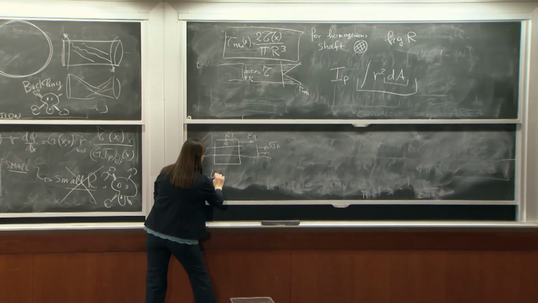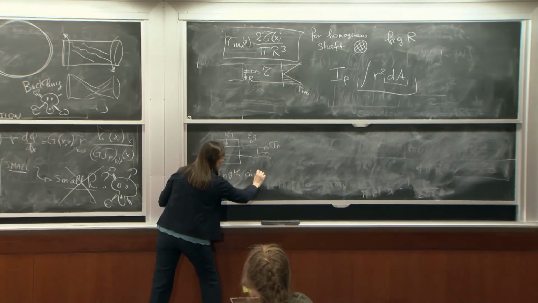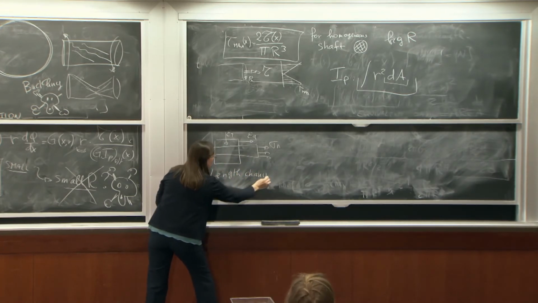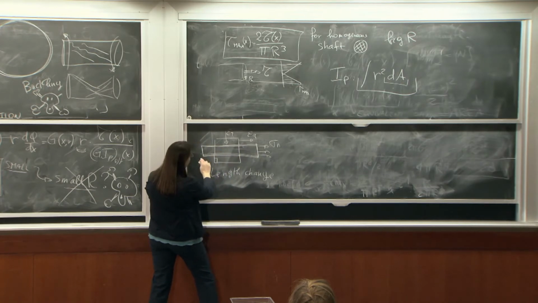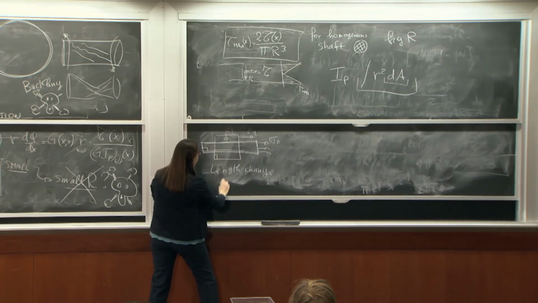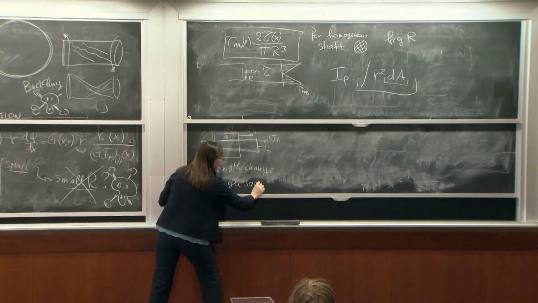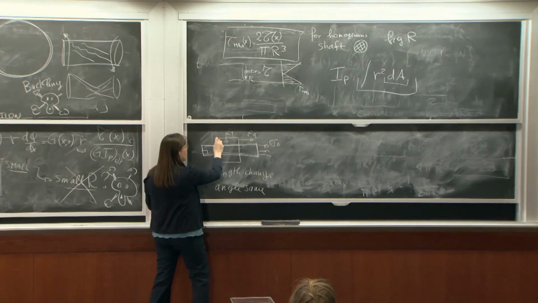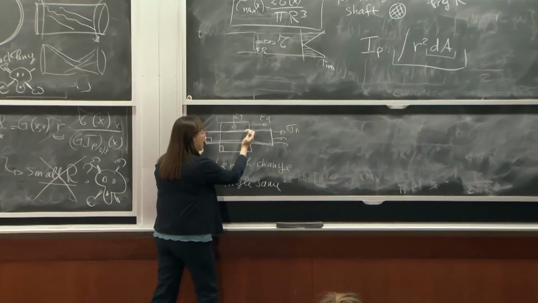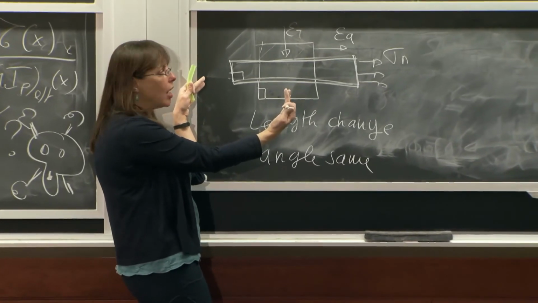And we see that the length changes, but these angles stay the same. If this was a square, this is a rectangle, and these angles stay the same in axial loading. See, a square, if I pull it in axial loading, becomes a rectangle, and the lines remain parallel. That was the whole thing in axial loading, right?